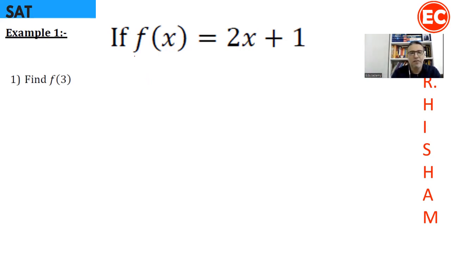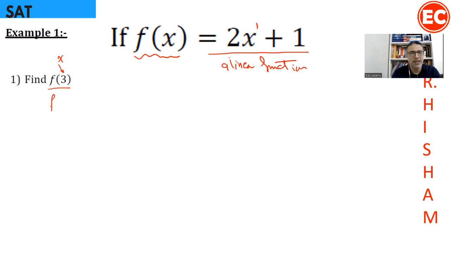First, the function f of x is equal to 2x plus 1. From the definition, it's a linear function. Why? It's a linear function because, as we can see here, x is to the power of 1. The first question here is to find f of 3. The meaning of f of 3 is to replace x with 3.